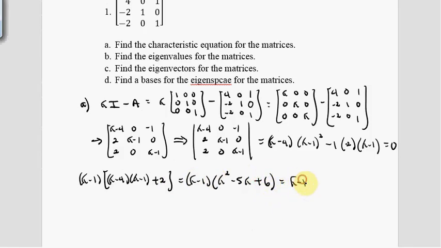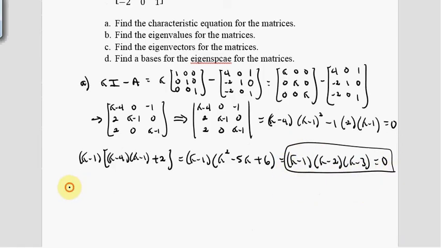Can factor, if you please, lambda minus 2 times lambda minus 3 equal to 0. So the characteristic equation is this.